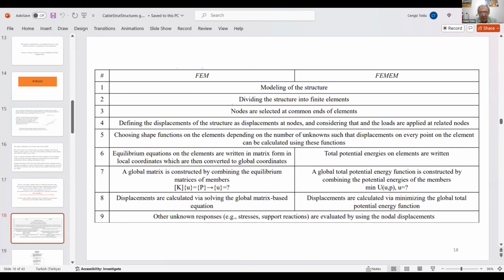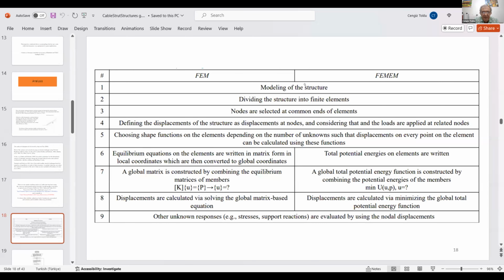Now I will talk about that method for a few minutes. On the left we have the classical finite element method, which is very common to all structural engineers. On the right we have the new application, which we call the finite element method with energy minimization.